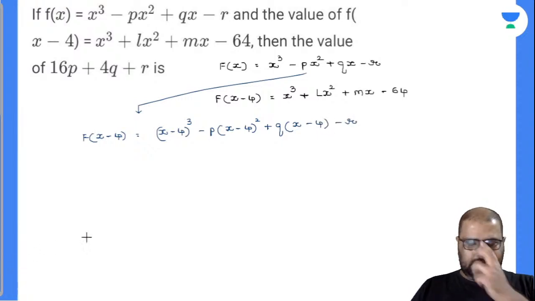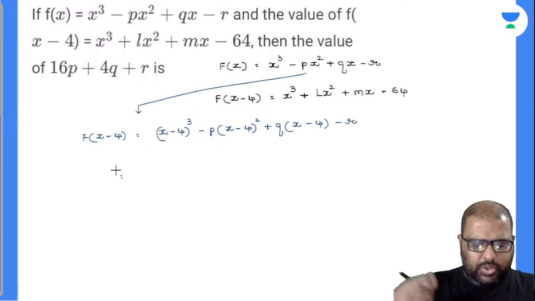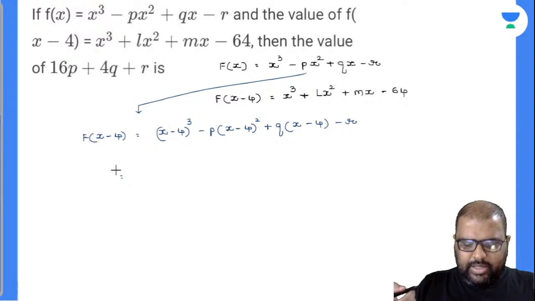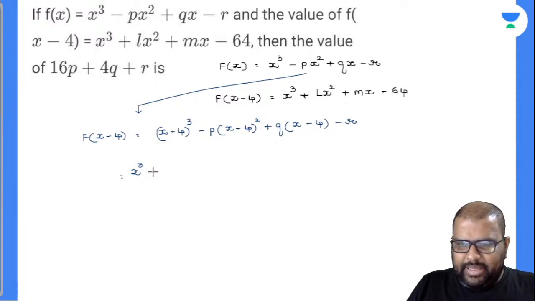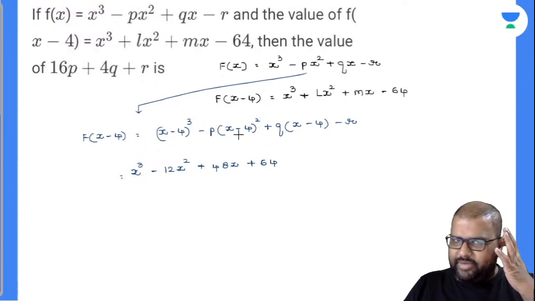So expand this equation: a minus b whole cube is a cube minus 3a square b plus 3ab square minus b cube. Am I right or wrong? So x cube minus 3a square b, 3a square b means 12x square, plus 3ab square, which means 48x, minus b cube, 64. This is in the format of x minus 4 whole cube.